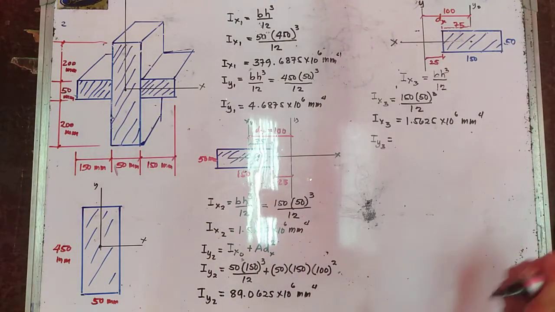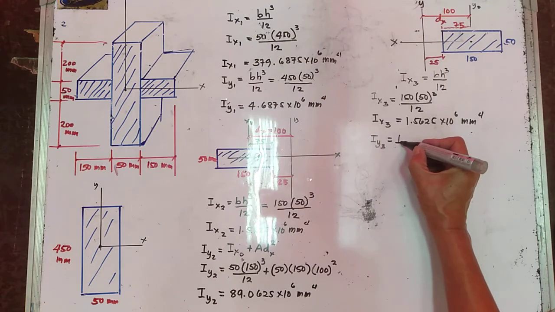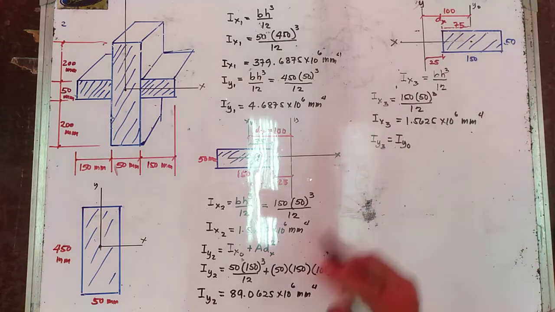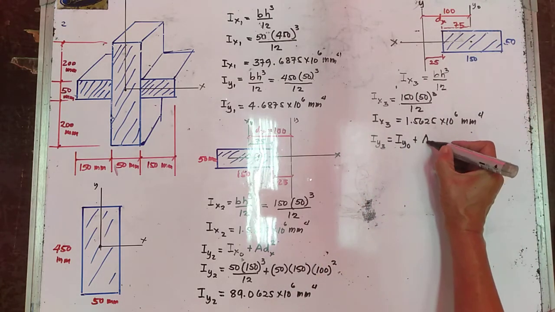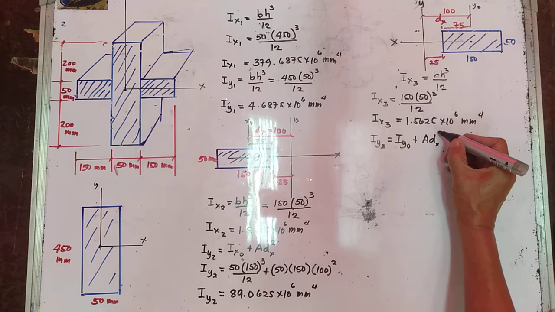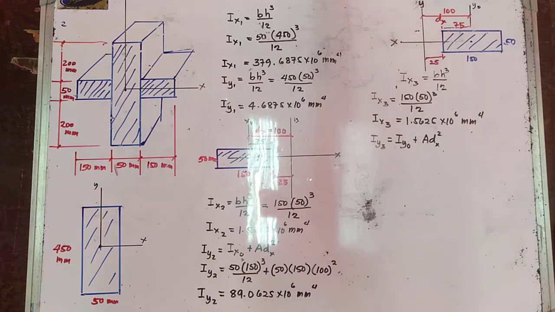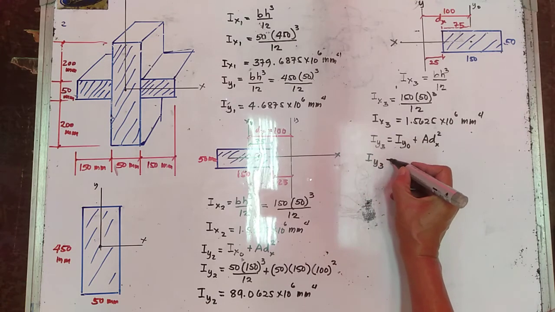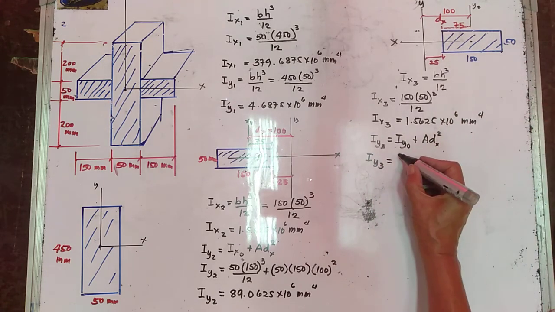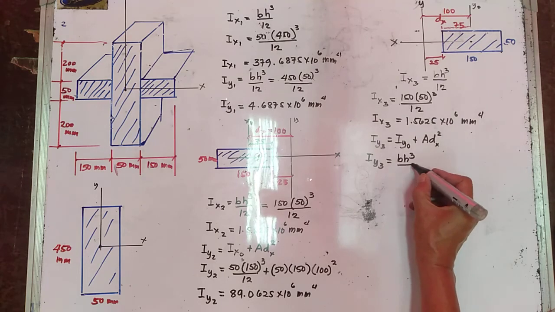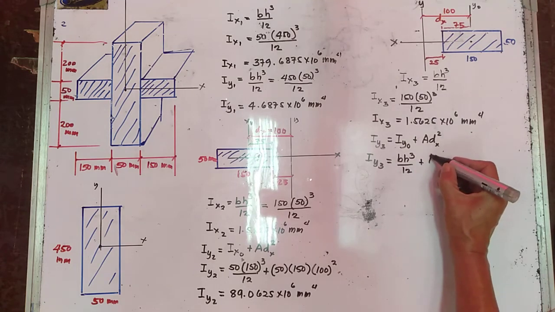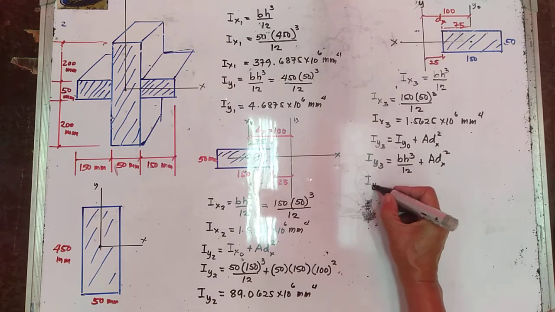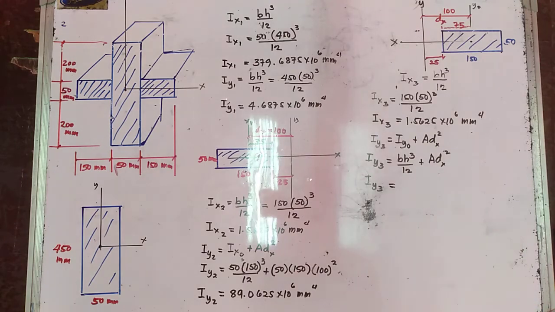Again, Iy3 is equal to the moment of inertia about the centroid of this figure plus A dx squared. So Iy3 is equal to bh cubed over 12 plus A dx squared.